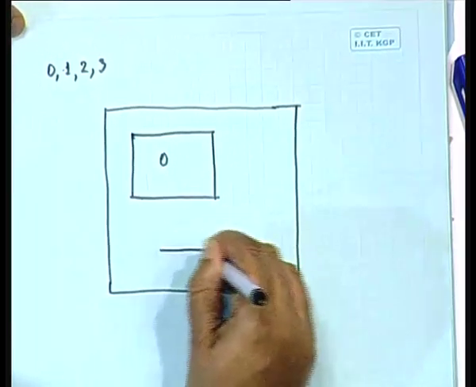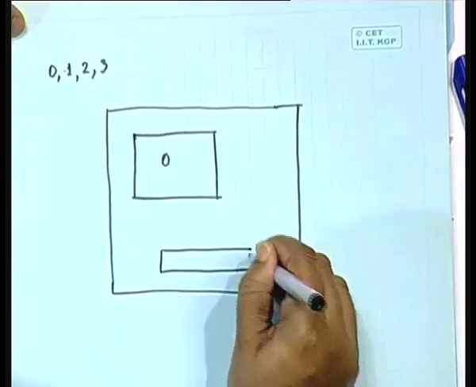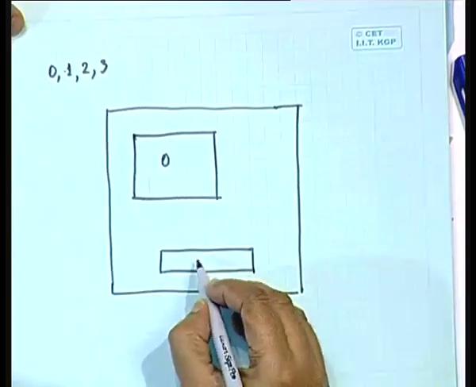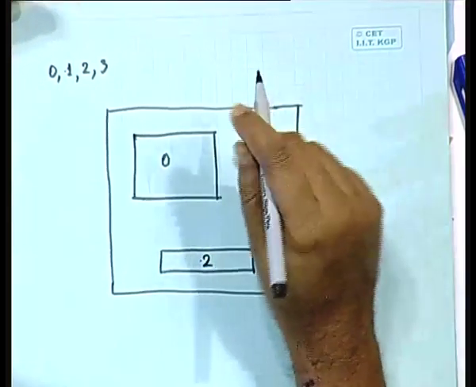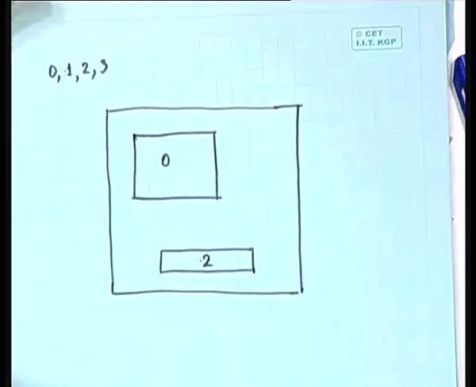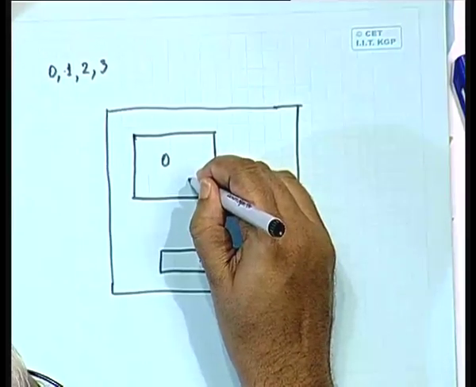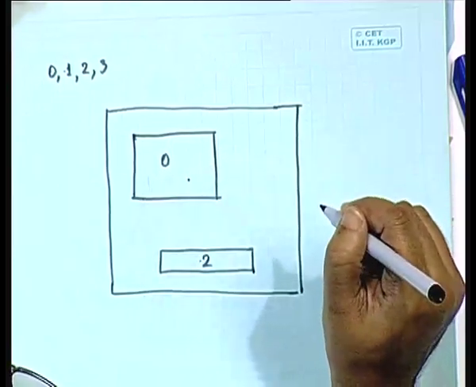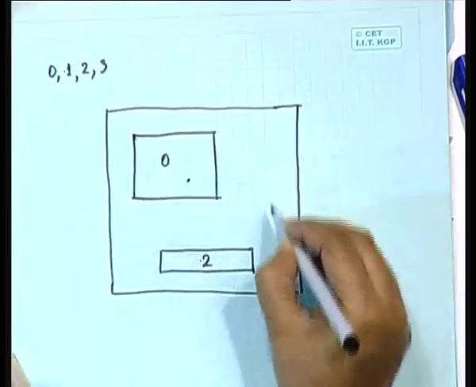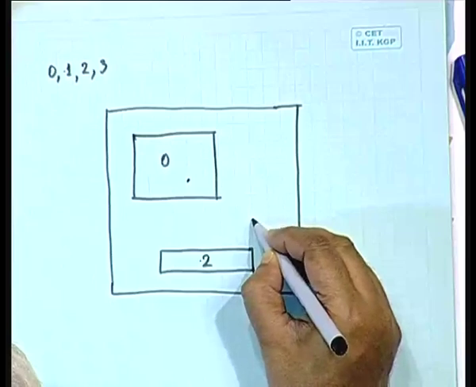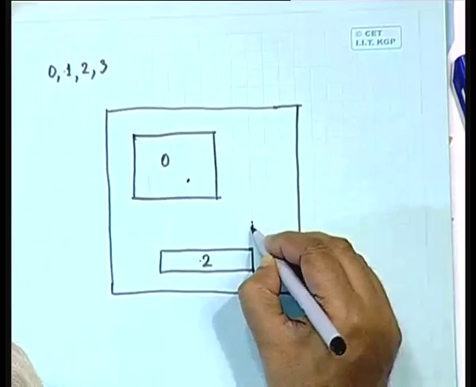Now, supposing I say that this group of macro blocks forms slice number 2, and for slice number 1's definition I make it slightly interesting. While specifying slice group number 1, I specify the top left coordinate of the macro block here and the bottom right coordinate over here.